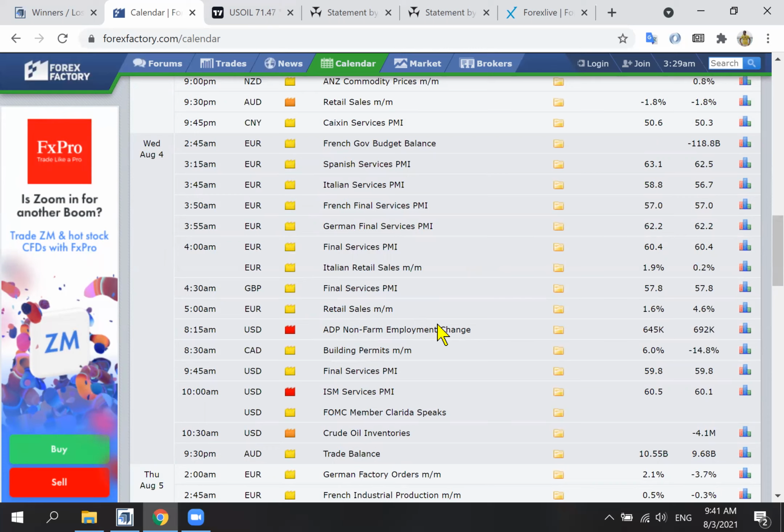This is a good predictor for Friday's release, which usually happens on the first Friday of each month. And also we're going to have the non-manufacturing services PMI. The services sector is really huge, it represents 80% of the economy. So this event is going to be very important, and it's going to happen on Wednesday.